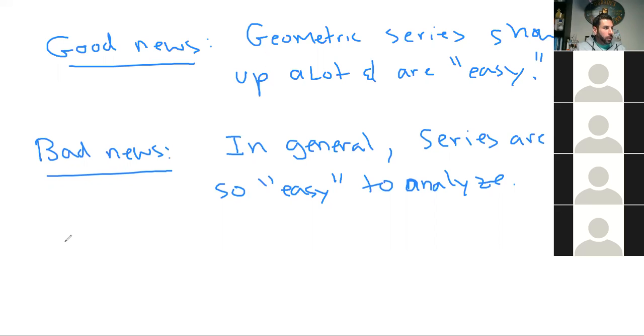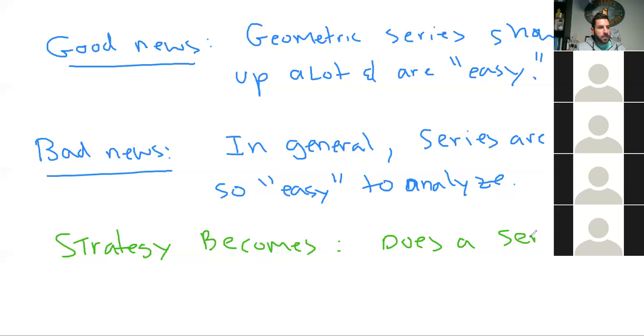So what is the strategy then? The strategy becomes: does a series converge or diverge? That's what the strategy becomes.